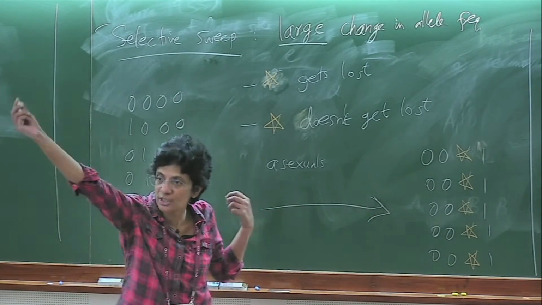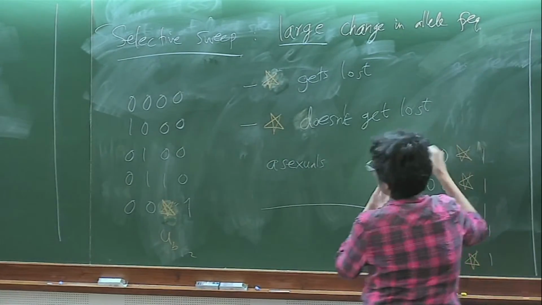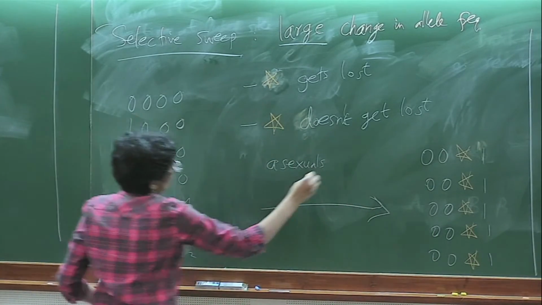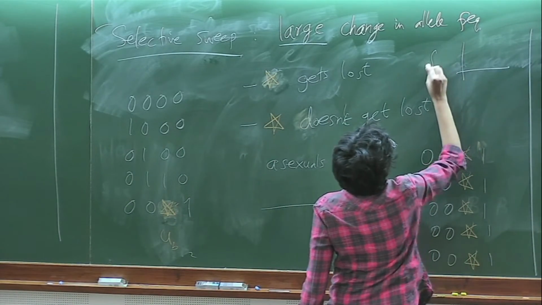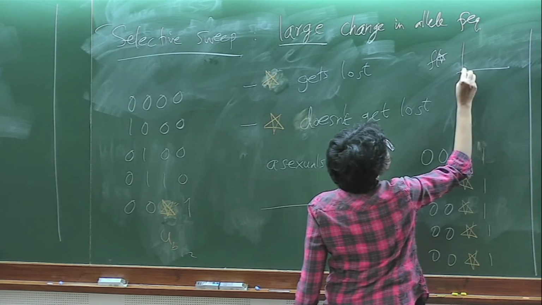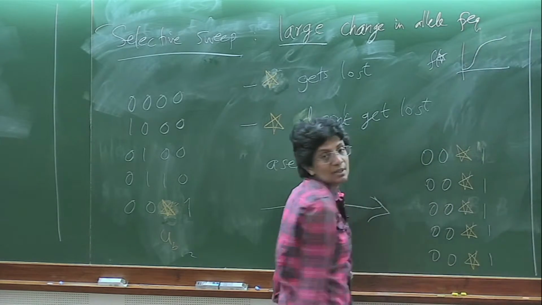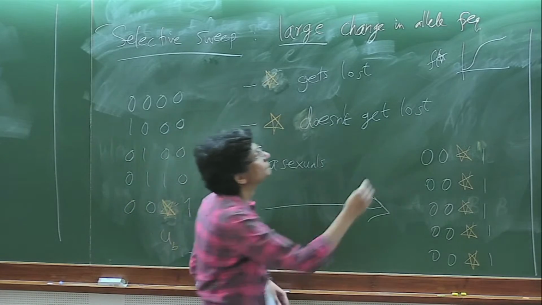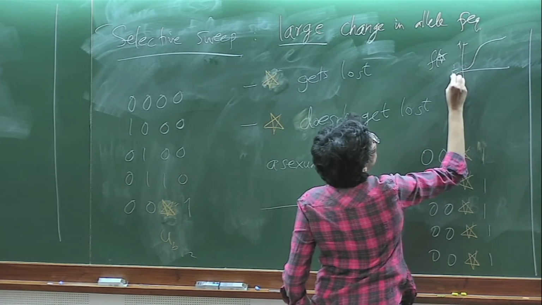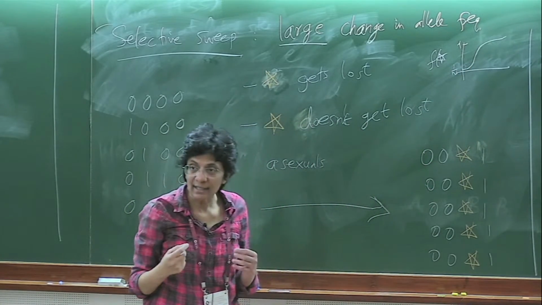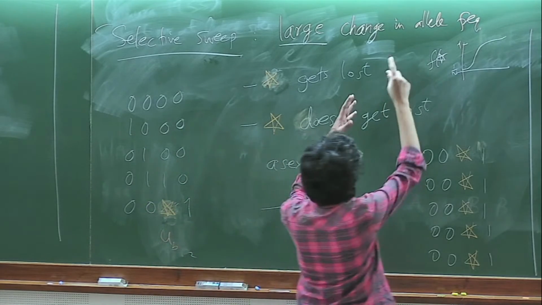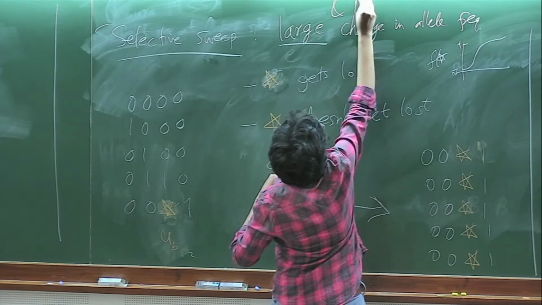So a large change in the allele frequency. If I were to plot the frequency of the star, it started like this and became this. This is a large change. And it should occur rapidly. Large and rapid change.